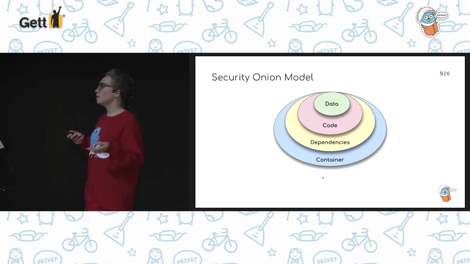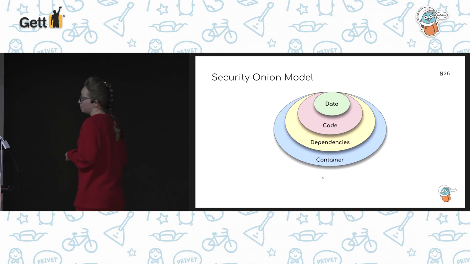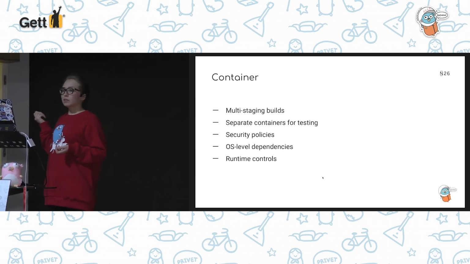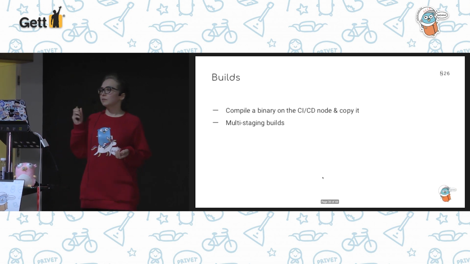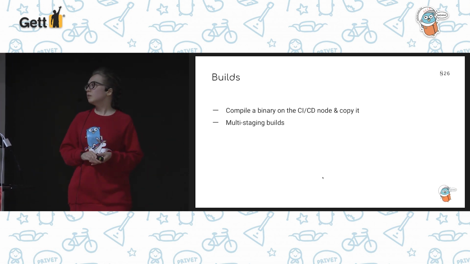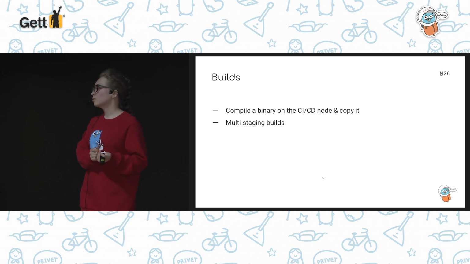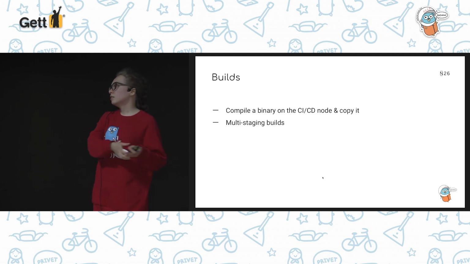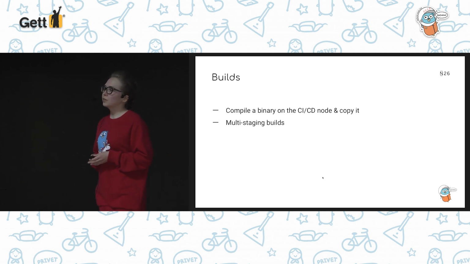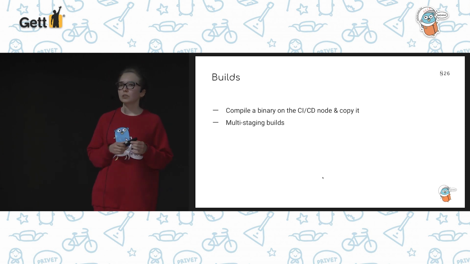Okay, we have code, we can compile it, we have compiled binaries which we can put into the container. And as a rule, there are two ways of compiling a binary. We can compile it for continuous integration, for continuous delivery, and put it into the container, or we can choose multi-stage containers.